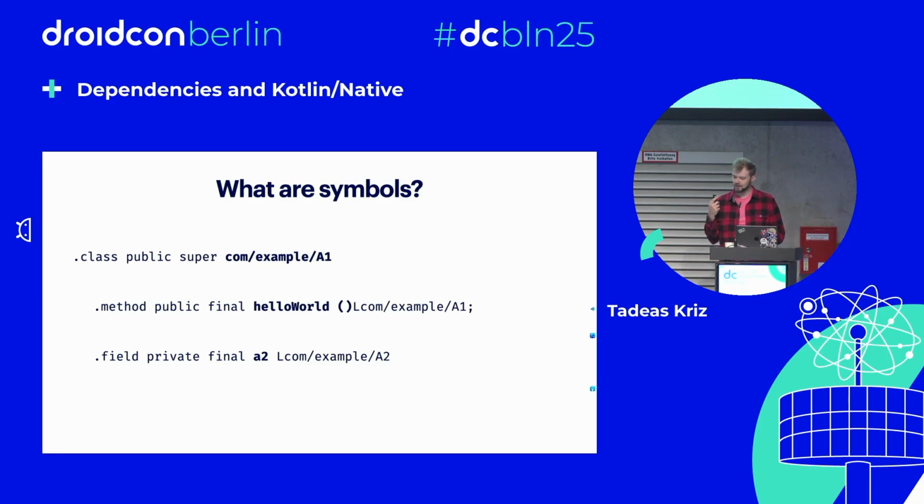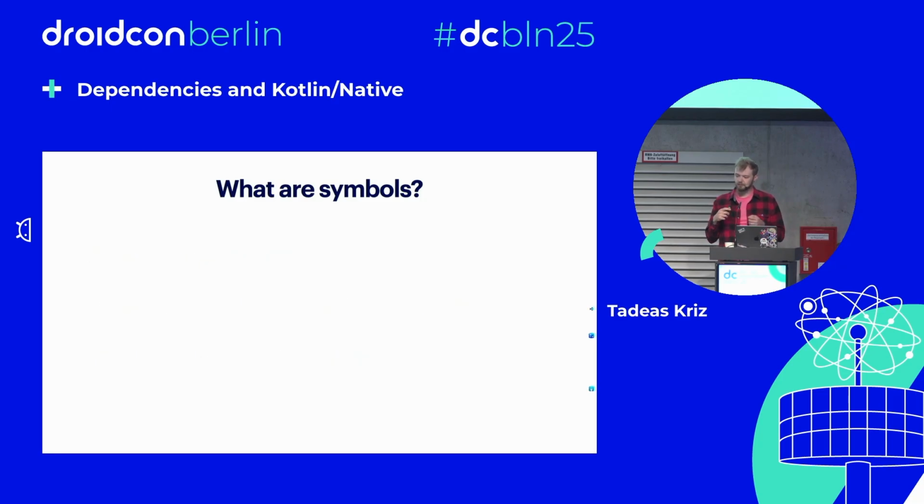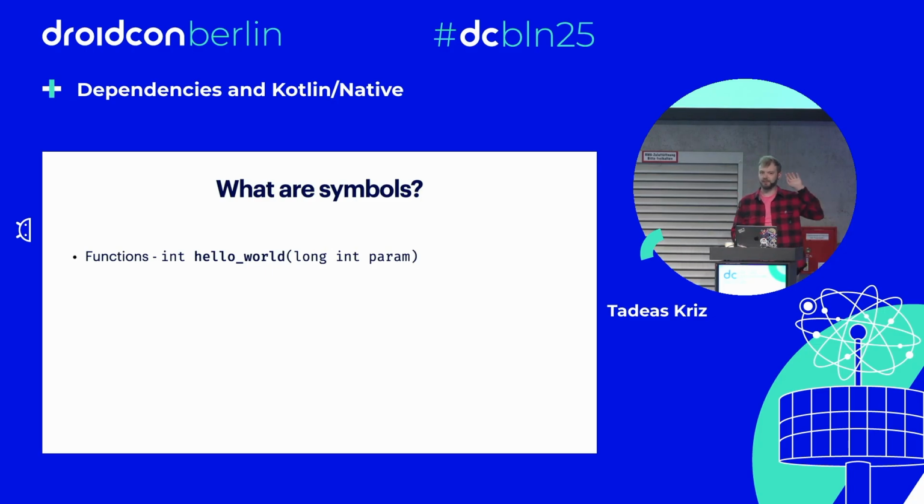Now, in C, or in the native world, things are simpler, but also a little more complex. We only have a single level, and those are textual symbol names. Everything exists on the global level. So those are all symbols. Now, in C, if we declare a function hello world, like this, only hello world itself is the symbol name.